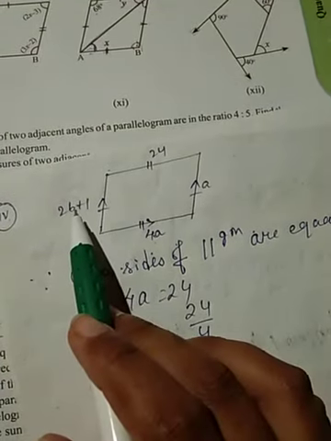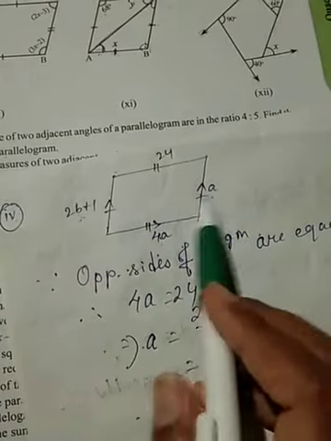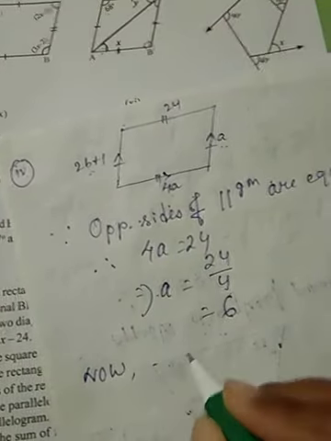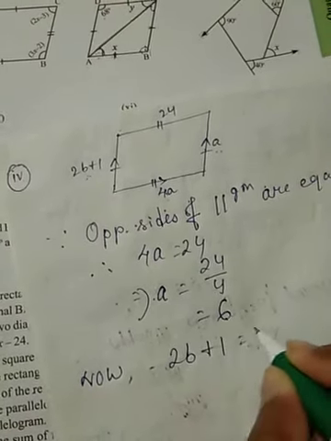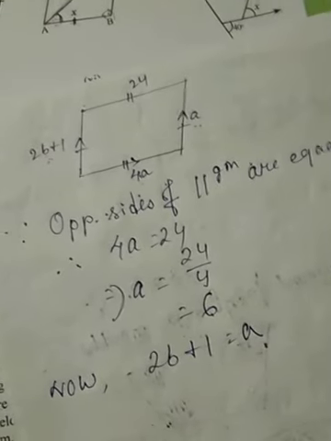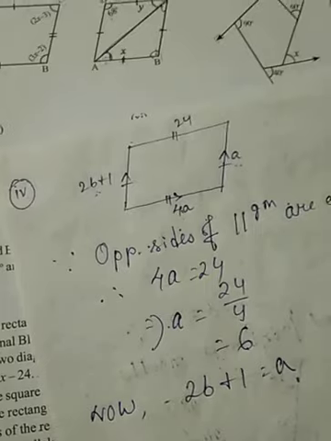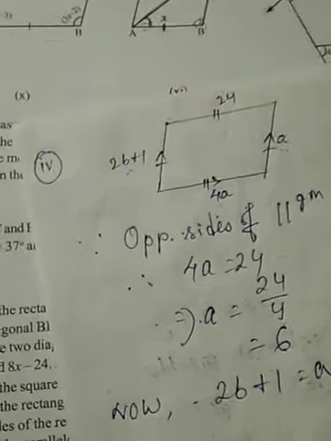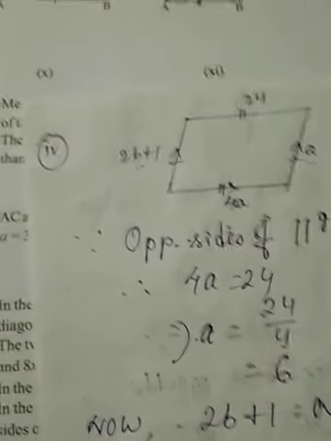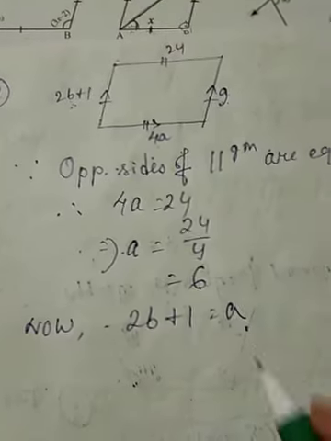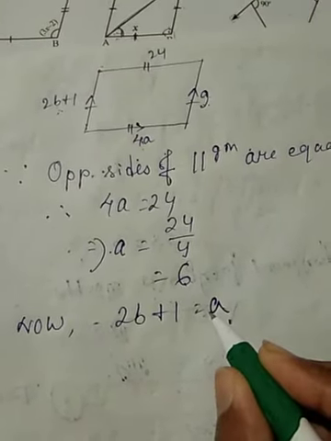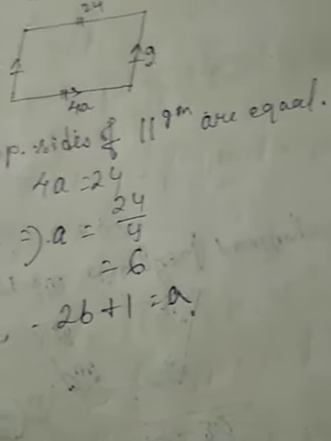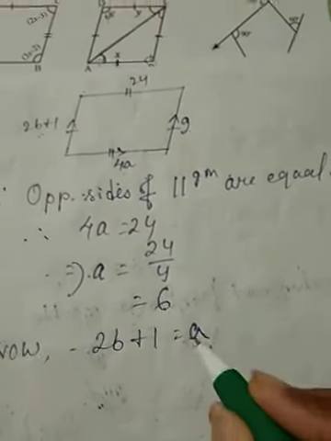Now we find the value of B, because these two sides also equal. Now 2B plus 1 equal to, not A, this is 9.